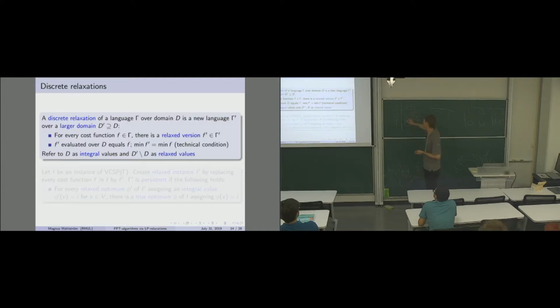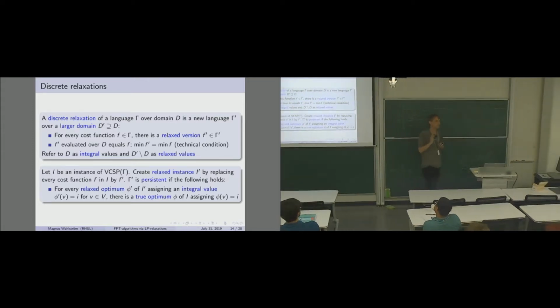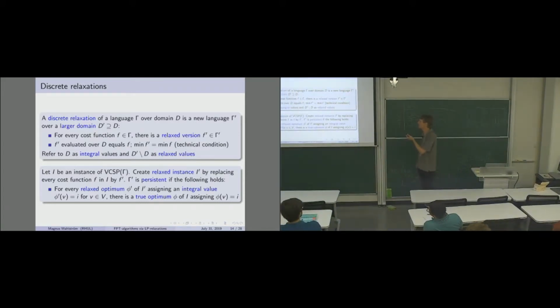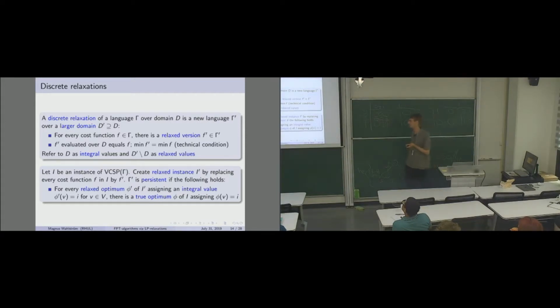The new values are not allowed to be smaller than the minimum starting value. And if you have this persistence property, I'm not sure we need to read the definition in detail. If there exists an optimum of a relaxation where a variable takes a value from D, then you can assume that this value sticks in the final optimum.